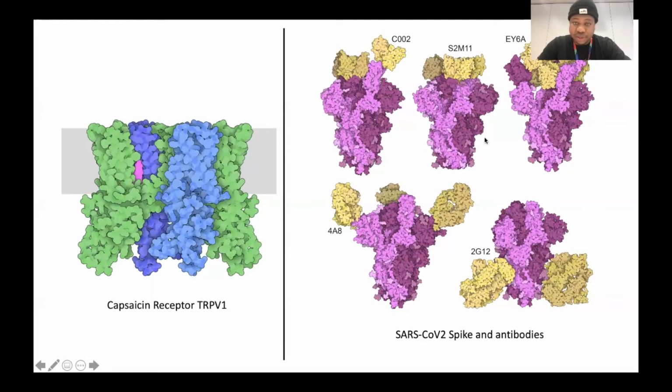By understanding the shape of the spike protein, we can understand how it performs its function, which is to allow the virus to get into cells in your body and cause disease. And we can also understand how antibodies against the virus recognize the spike protein specifically.